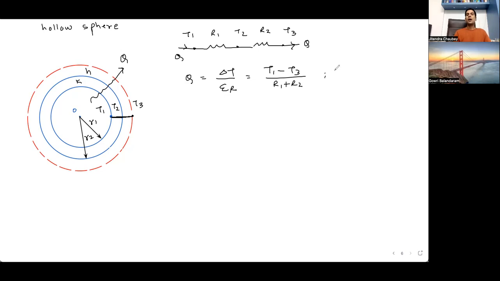R1 is the sphere resistance. So here the formula would change. Here the formula will be different. It will be (R2 minus R1) upon 4 pi K R1 R2.